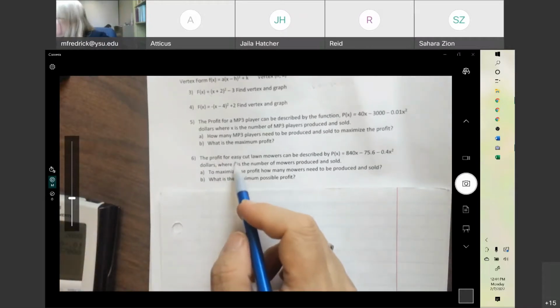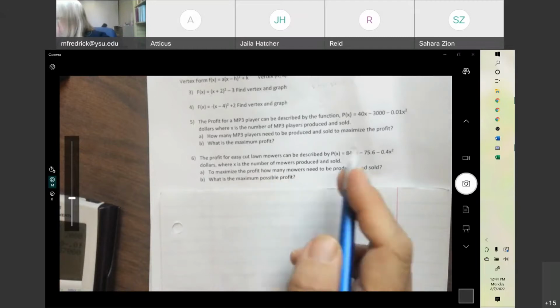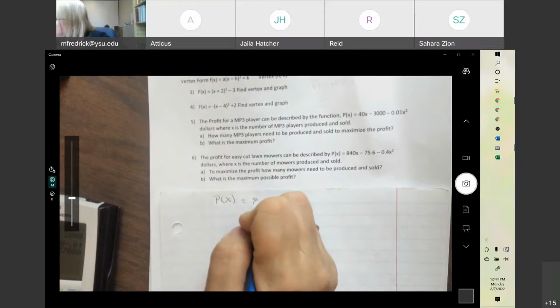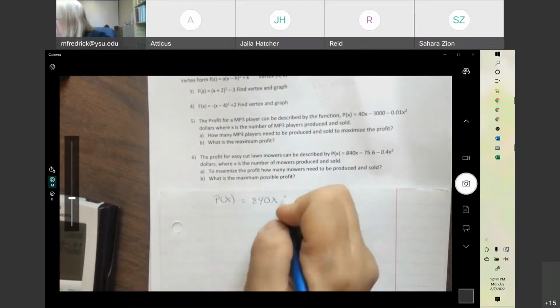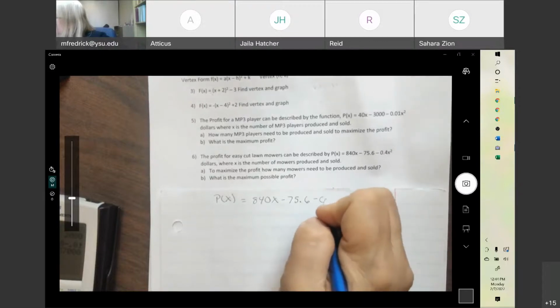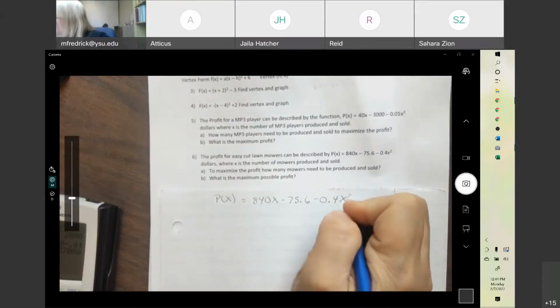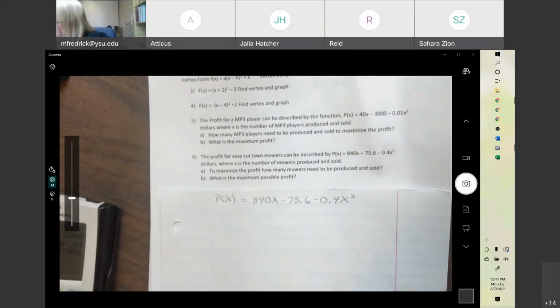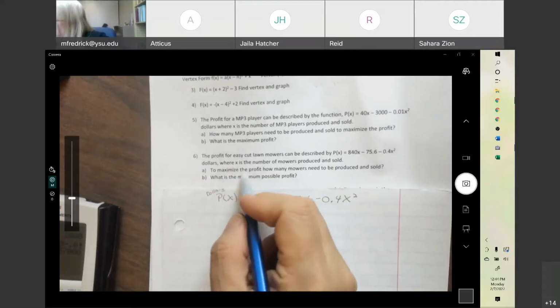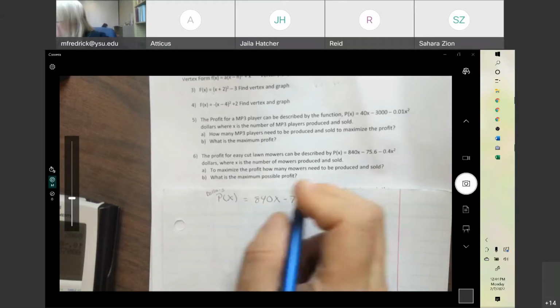The profit for easy cut lawnmowers can be described by P of X equals 840X minus 75.6 minus 4/10 X squared in dollars, where X is the number of mowers produced and sold.